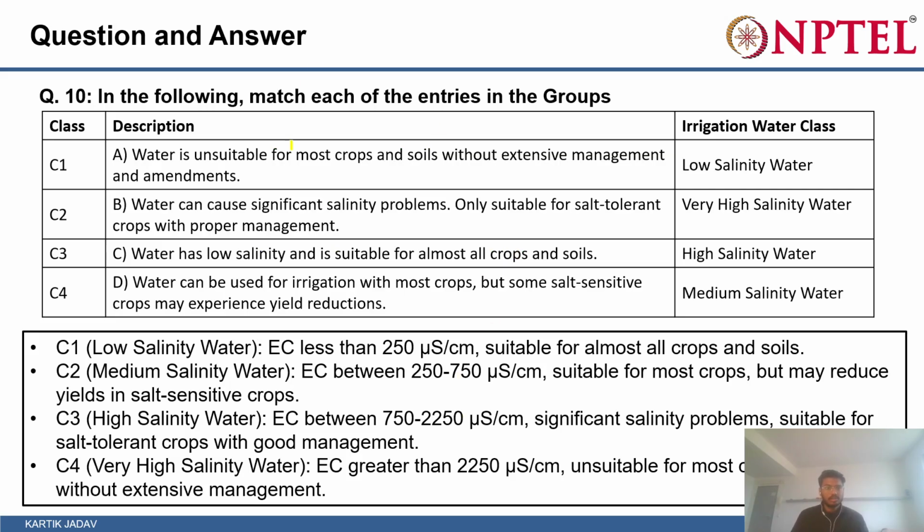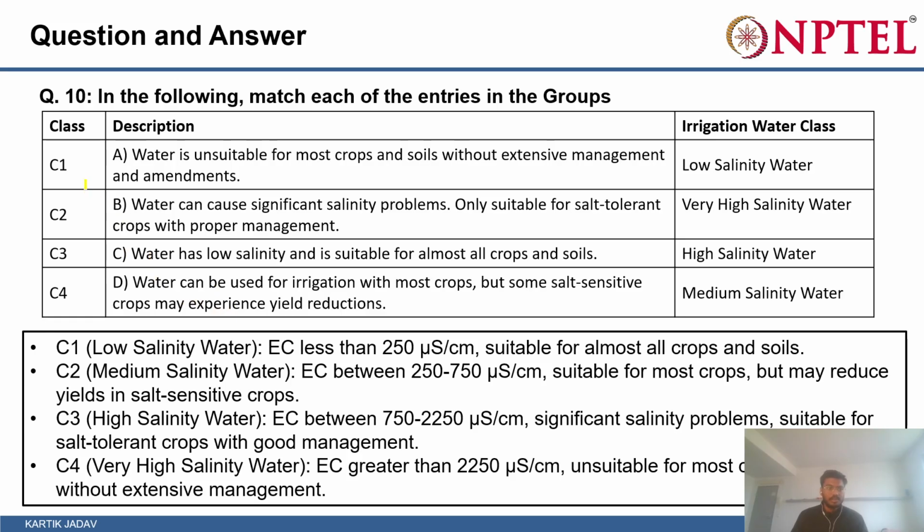Yeah, so this again is a match type of question. C1, C2, C3, C4 are the classes of water you generally use to classify salinity.